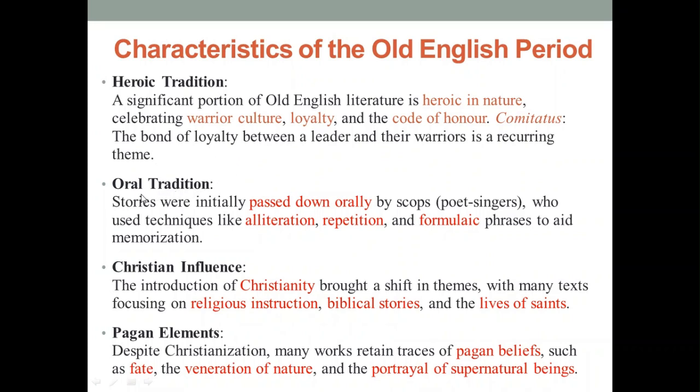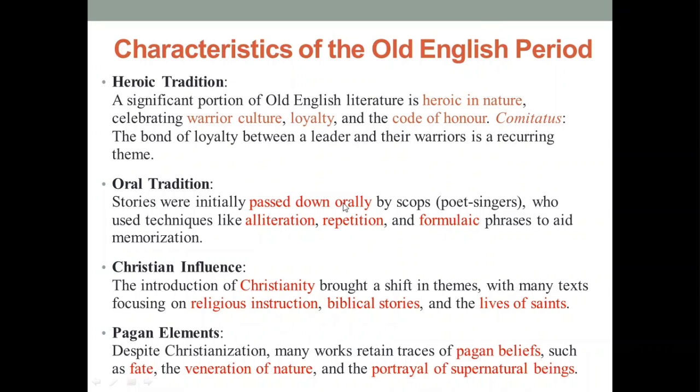The second feature is oral tradition. Stories were initially passed down orally by scops, that is, poet-singers, who used techniques like alliteration, repetition, and formulaic phrases to aid memorization.